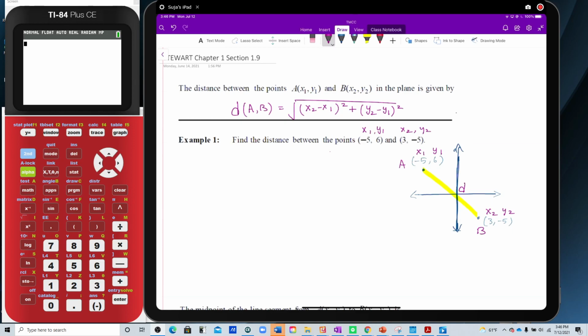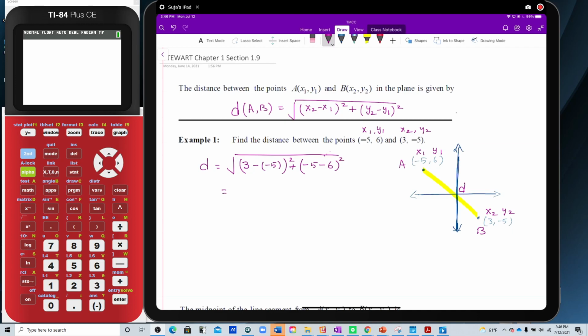Now if I go back and plug in, distance d is equal to the square root of x2 minus x1 the whole squared. So it's 3 minus -5 the whole squared, plus -5, which is y2, minus y1, which is 6, the whole squared.